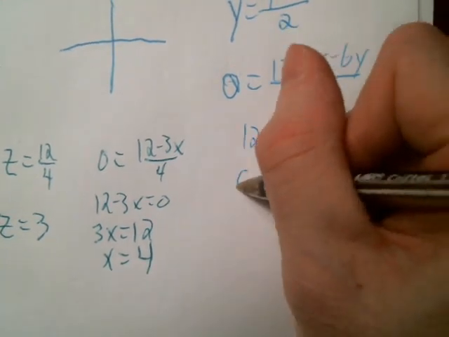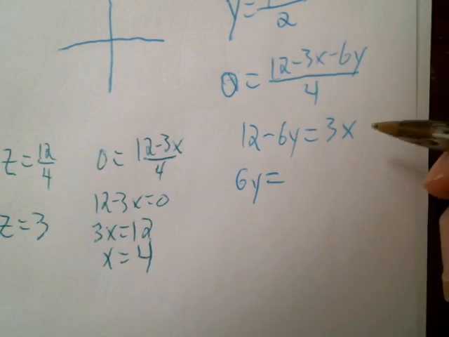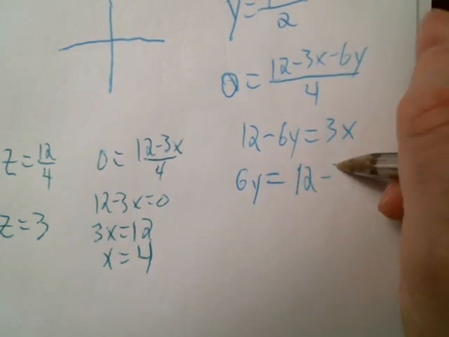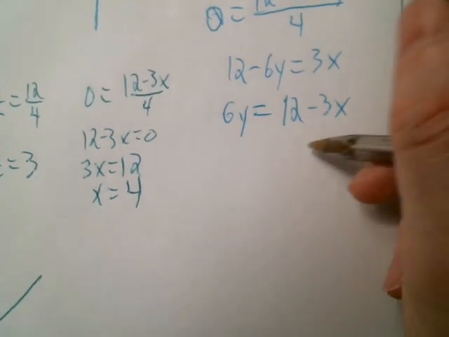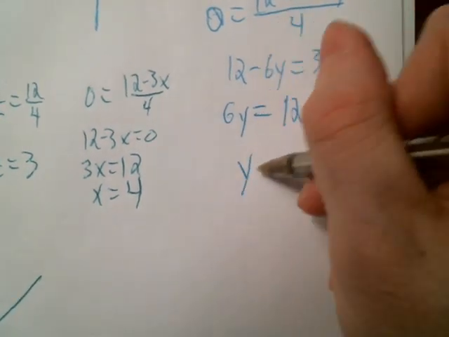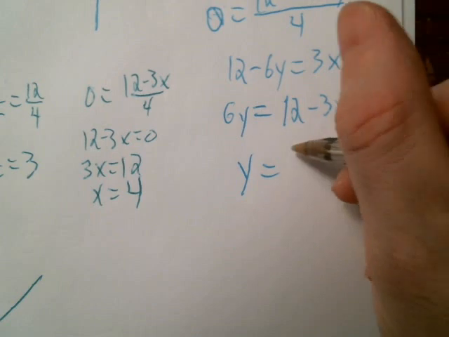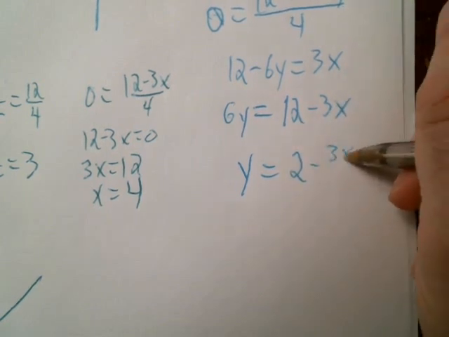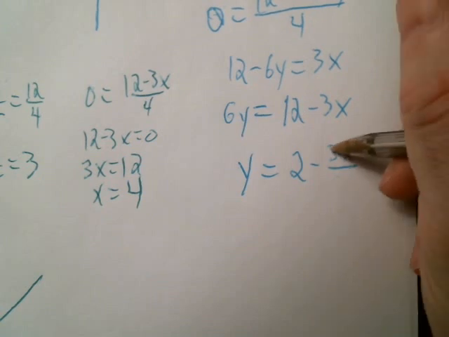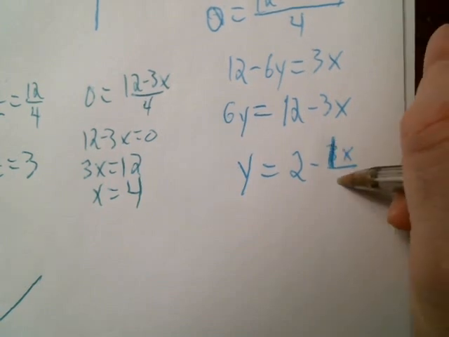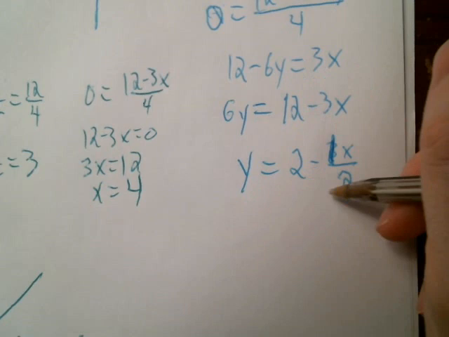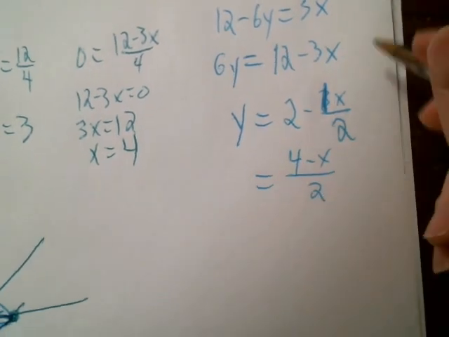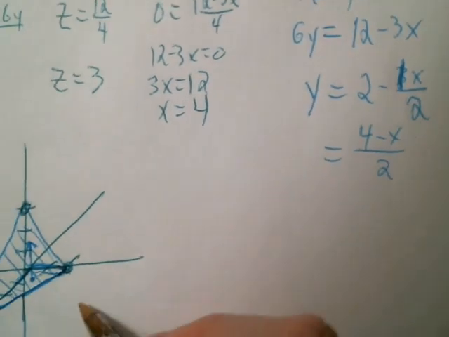Sorry, I didn't rearrange very well there. 6y equals 12 minus 3x, and then divide both sides by 6. You get 2 minus 3x over 6, which is 1 over 2, and then a common denominator will give you 4 minus x over 2.